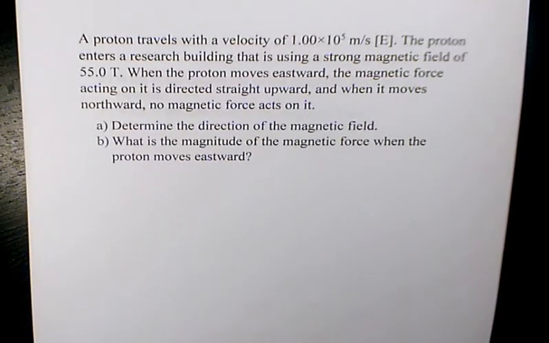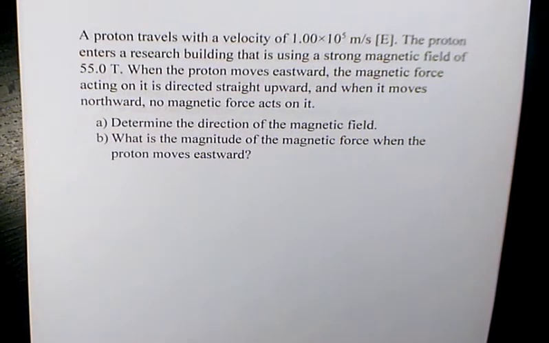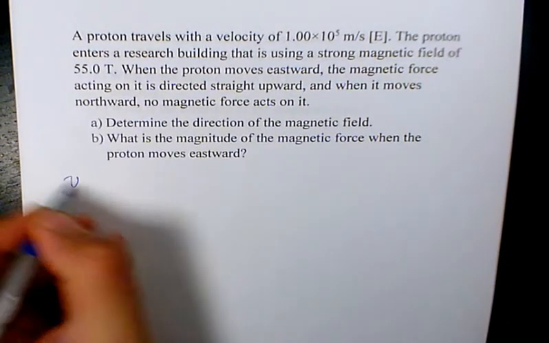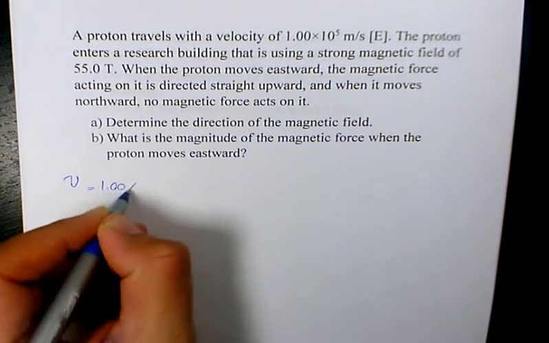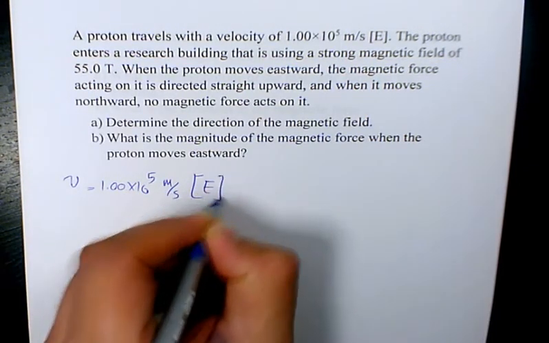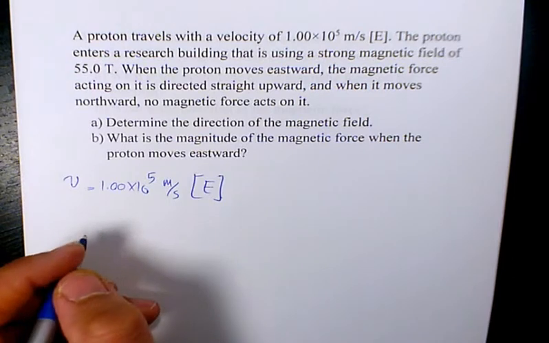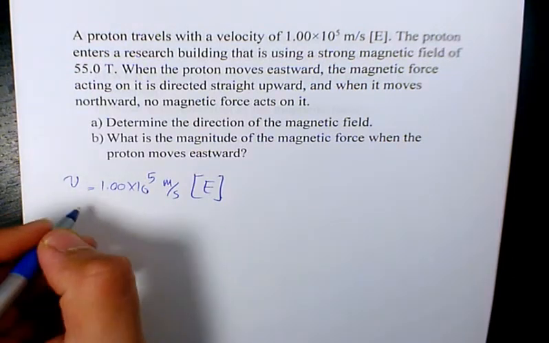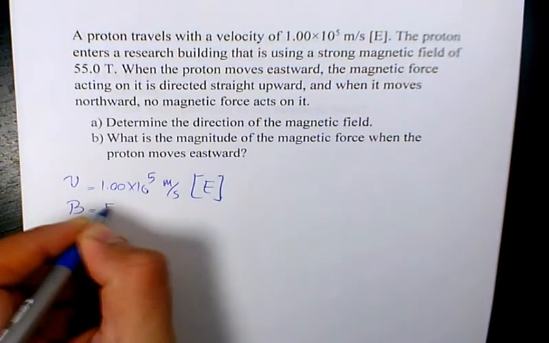Next example. It says a proton travels with the speed of 1.00 times 10 to the power of 5 meter per second east. The proton enters a research building that is using a strong magnetic field of 55 Tesla.